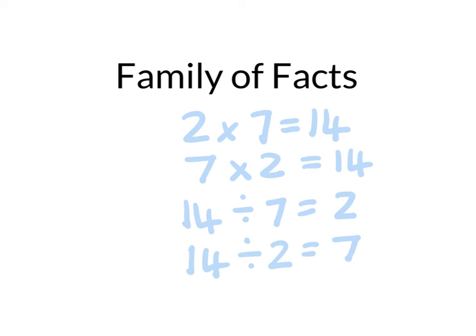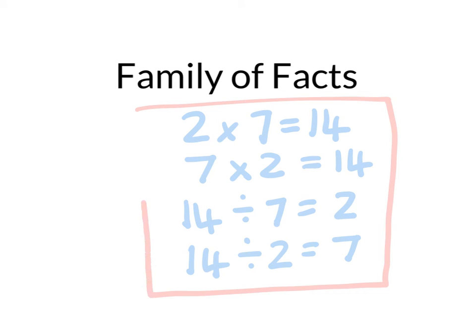Now this here is called a family of facts. So they exist for all the times tables, and that can really help you if you're trying to figure out some of your times tables. Okay, so notice here, like the problem I said before, there's a 2, a 2, a 2, and a 2. There's a 7, a 7, a 7, and a 7.